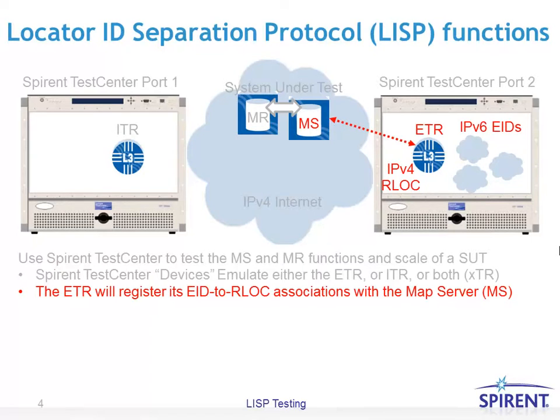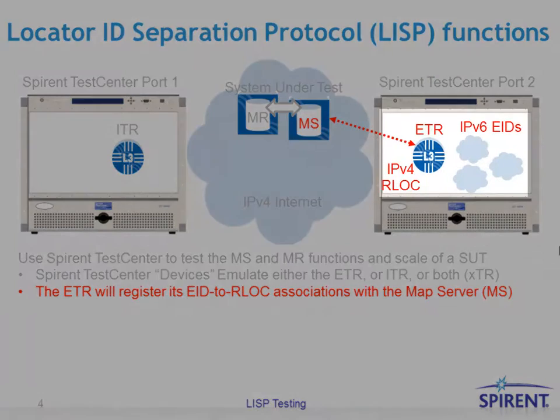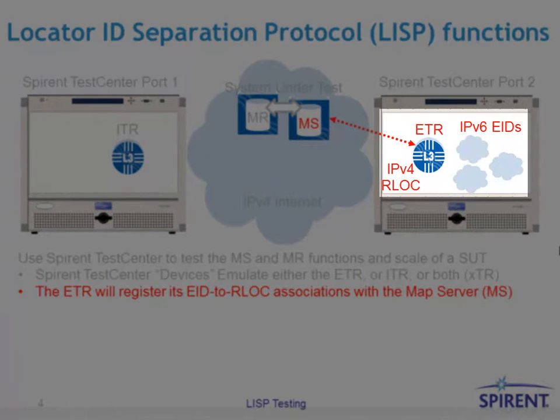Once you define the Spirent TestCenter ETR device, you define its IPv4 network-facing address, which is referred to as its routing locator, or RLOC, in the global internet scheme, and then the IPv6 endpoint IDs, or EIDs, that are going to be supported by that ETR device on Spirent TestCenter.